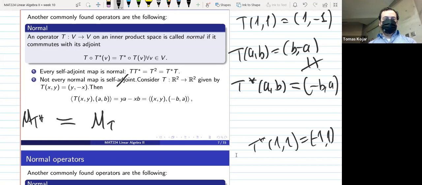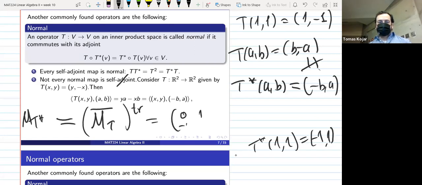Zoom people? How do I get the matrix of the adjoint from the matrix of T? We did it yesterday. Yeah. So T conjugate. But this guy was 0, 1, minus 1, 0.